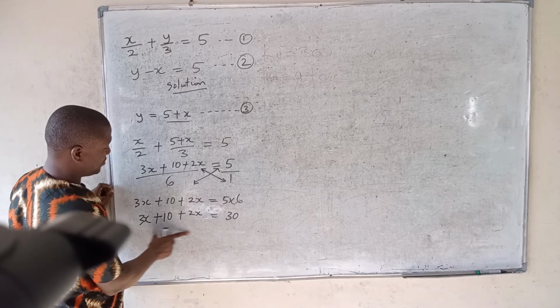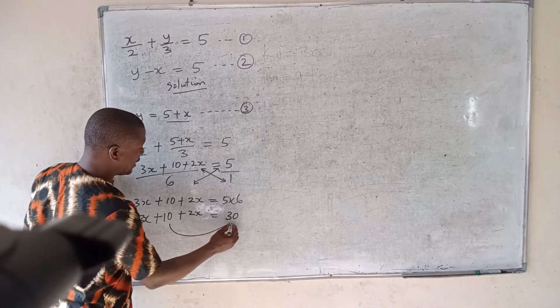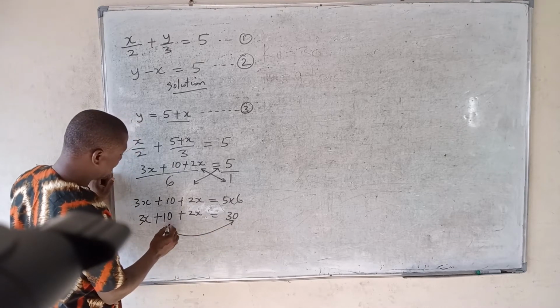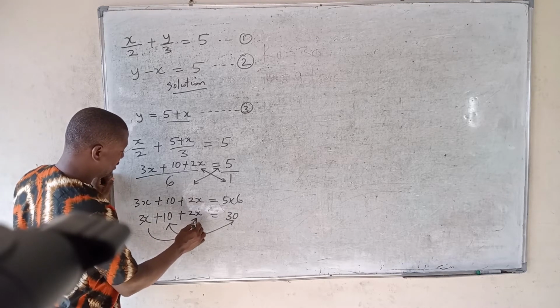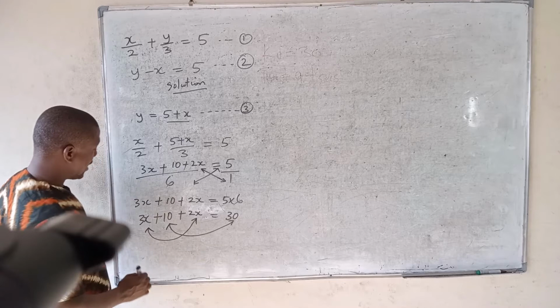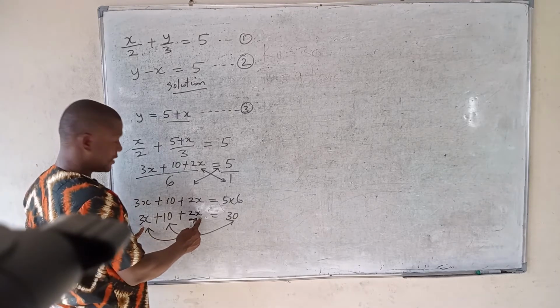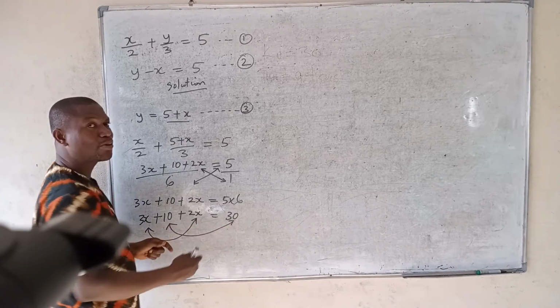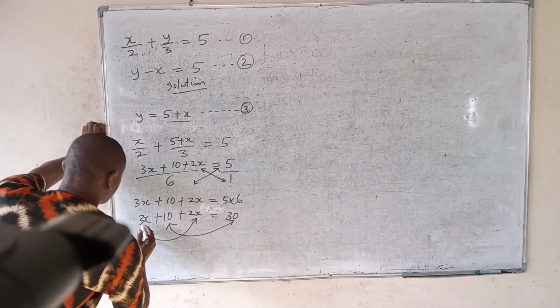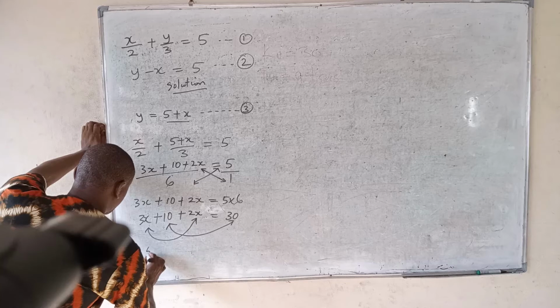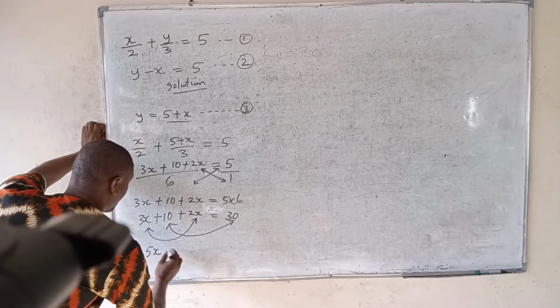This relationship denotes that these are numbers. You can collect the like terms together. As you can see, these two are similar while these two are similar. So you collect like terms together to now have 3x plus 2x, which is 5x.